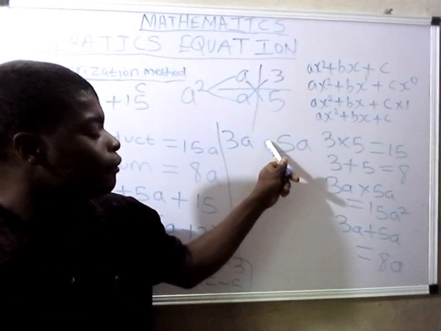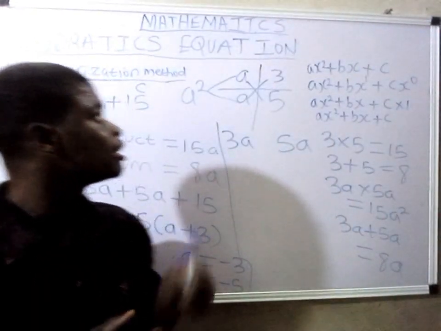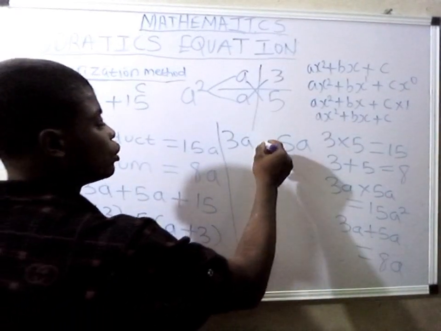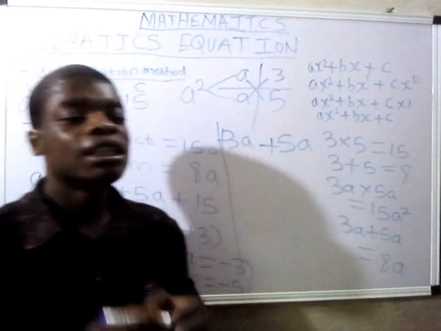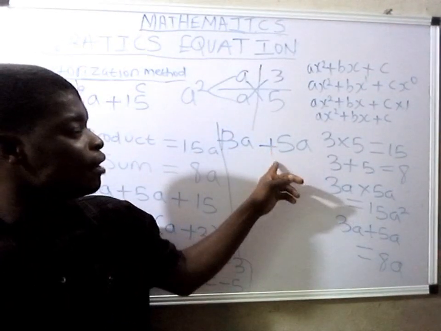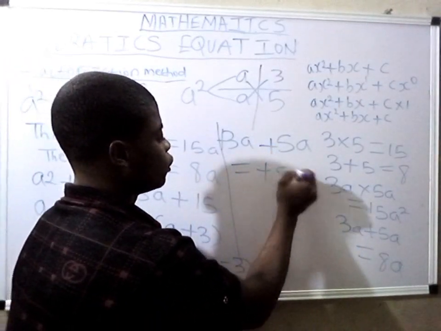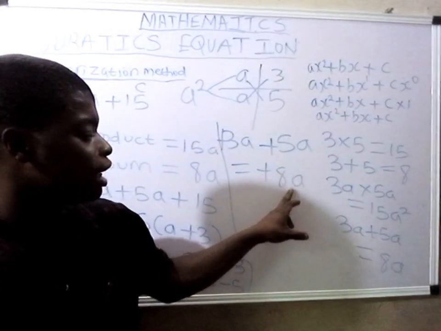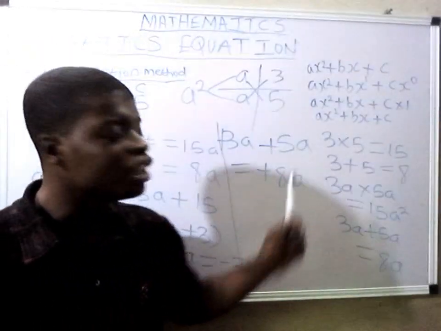It is either we use a minus sign or addition sign to get 8a. So let's try it. We put plus here and plus here. It will be 3a plus 5a. Our answer will be plus 8a. So you can see that we are getting plus 8a, the same value as here, so we are correct.